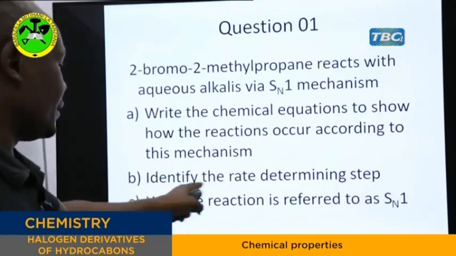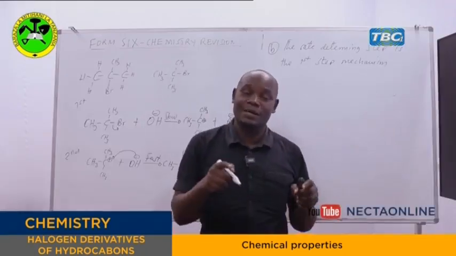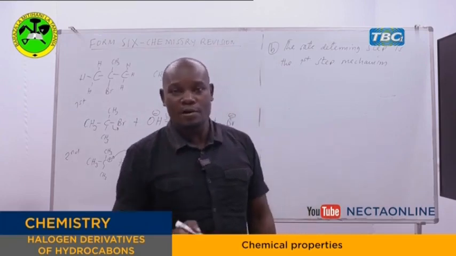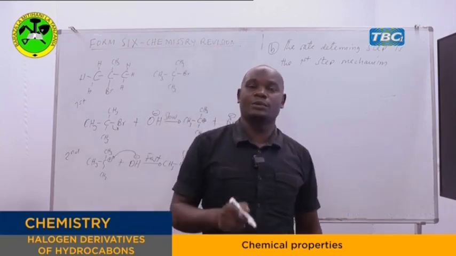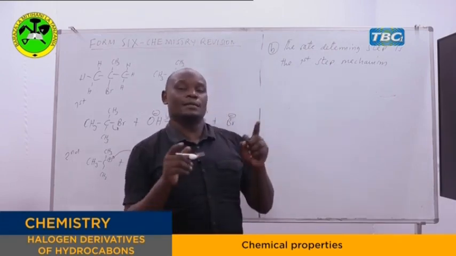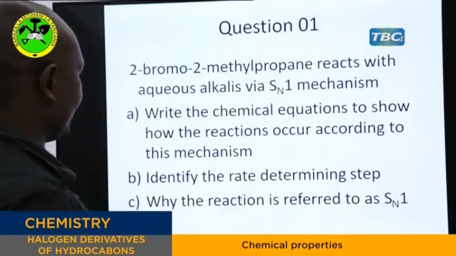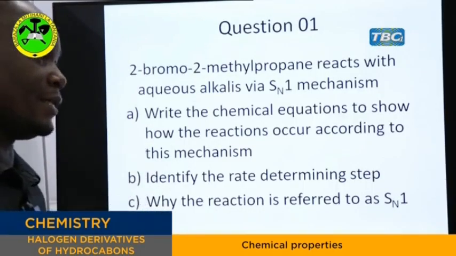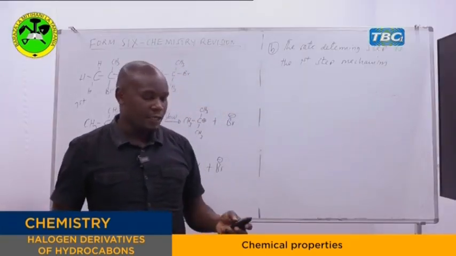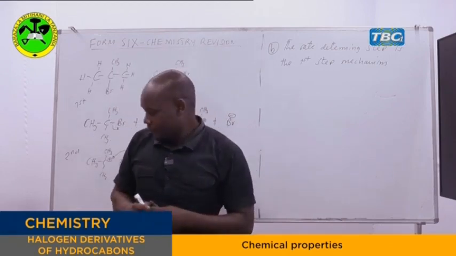It is first order because the rate determining step, or the rate of reaction, depends on only one reactant, the concentration of one reactant. And what is that reactant? It is the alkyl halide. So that is it for that reaction. Do you see now? It is very simple after having that knowledge. So let us go and see the second example.